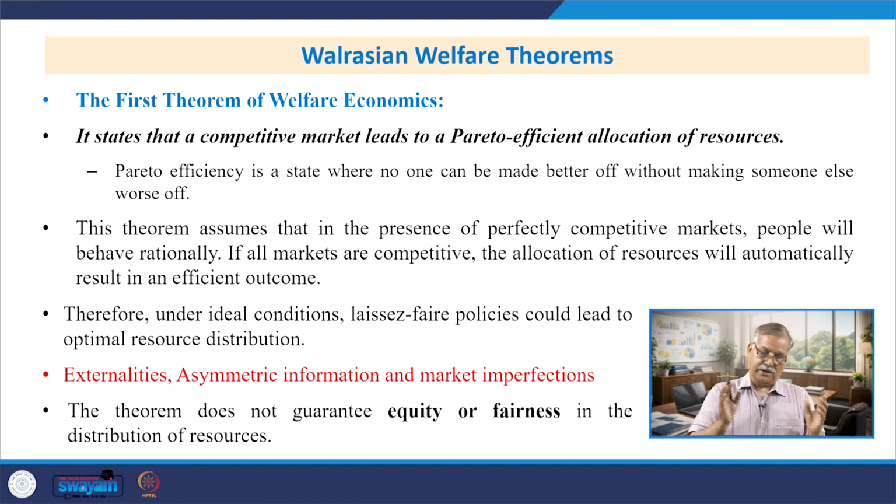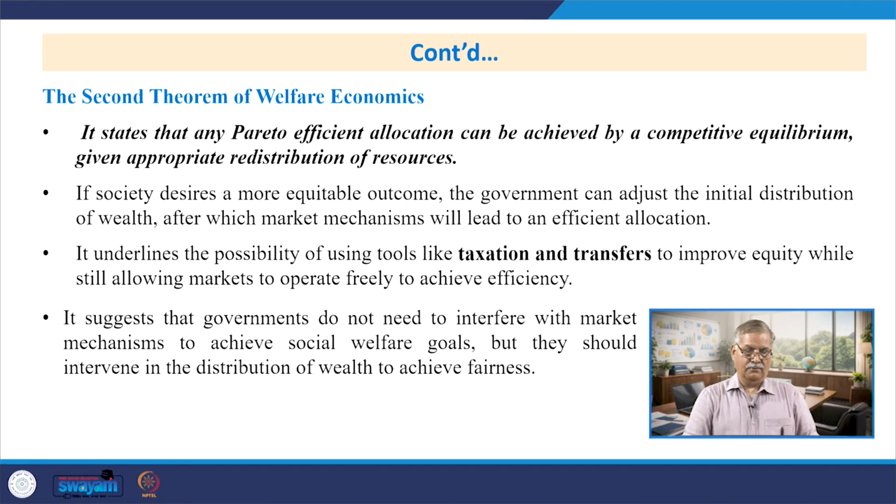But this Pareto optimality cannot guarantee equity or fairness in the distribution, and therefore the second theorem of welfare economics becomes more relevant, which states that any Pareto efficient allocation can be achieved by competitive equilibrium given appropriate redistribution of resources.